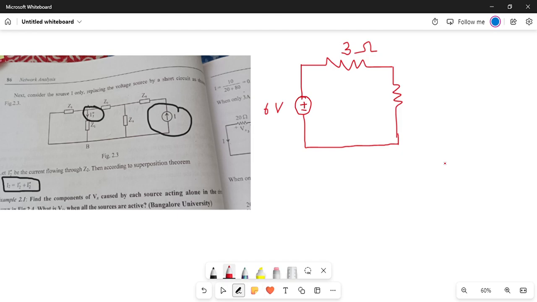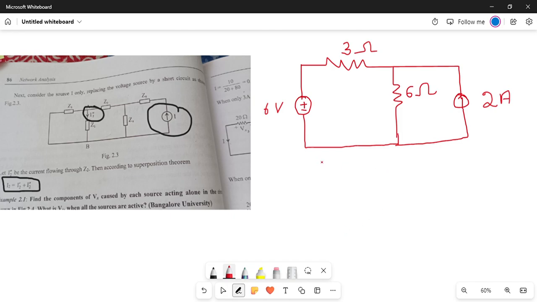So see here, this is my 6 ohm and that is my 2 ampere, right? Okay, so this is the diagram.